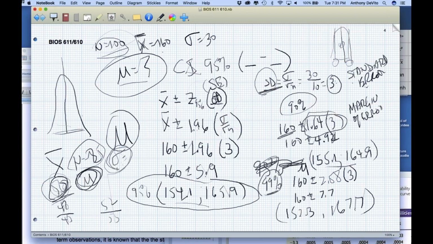Depending on what the standard deviation is and what level of confidence we want, that is what our confidence interval represents. The larger the sample size is, the narrower our interval is. We're more confident that we're going to capture the mean within a narrow range. So as the sample size goes up, our confidence interval gets narrower.